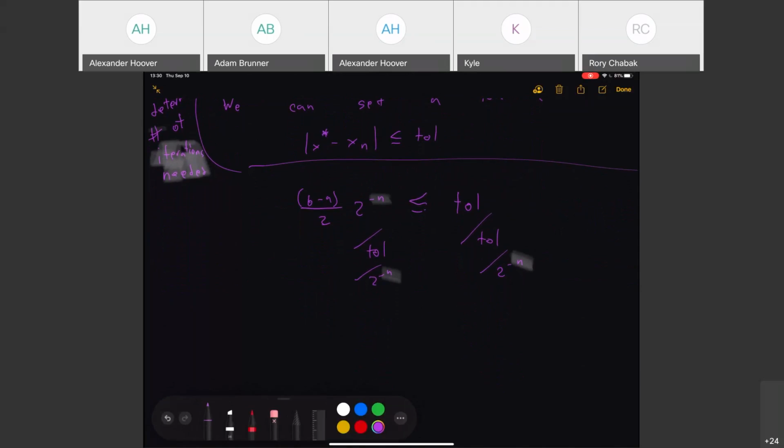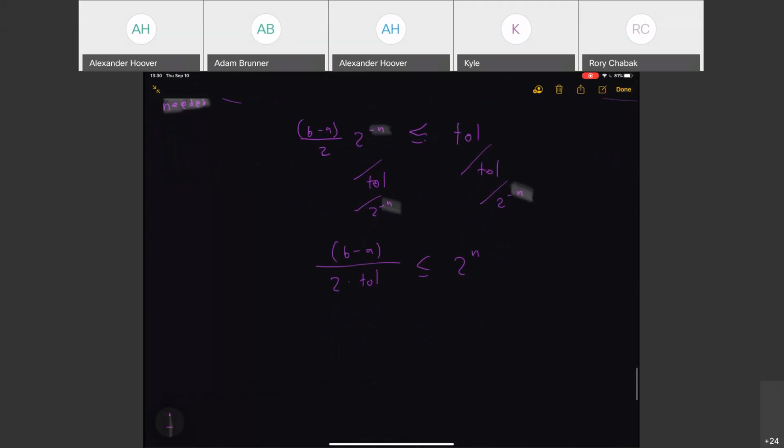Let's rewrite our equation now. So we have (b minus a) over (2 times the tolerance) is less than or equal to 2 to the n, since we divided. Let's go ahead and take a log base 2.